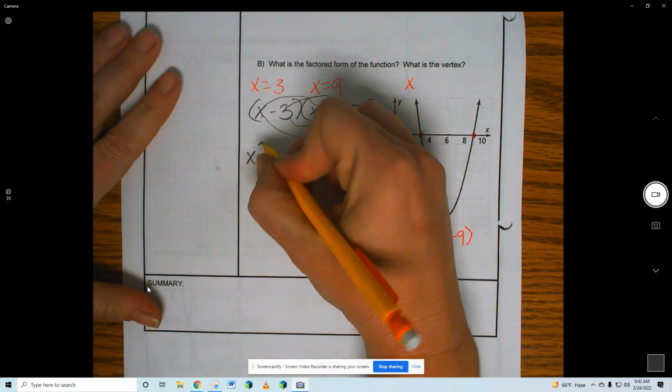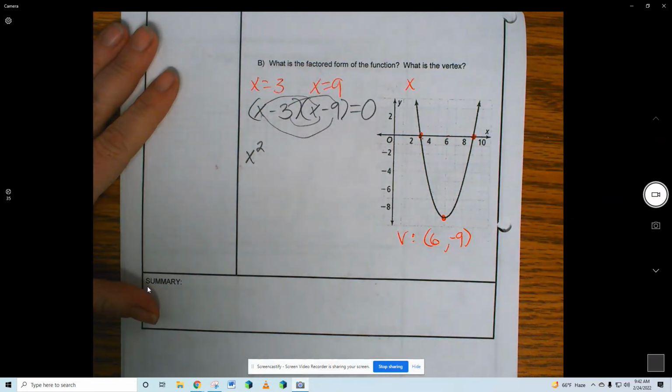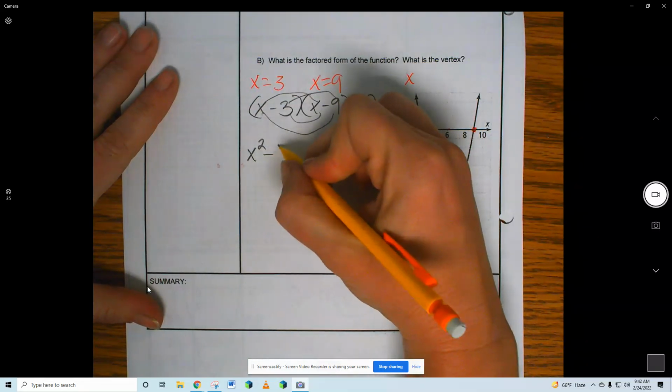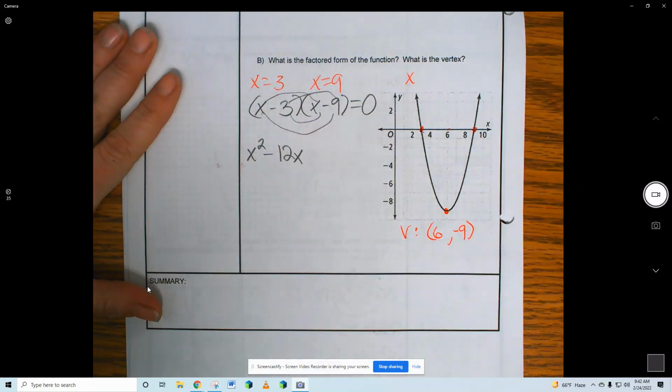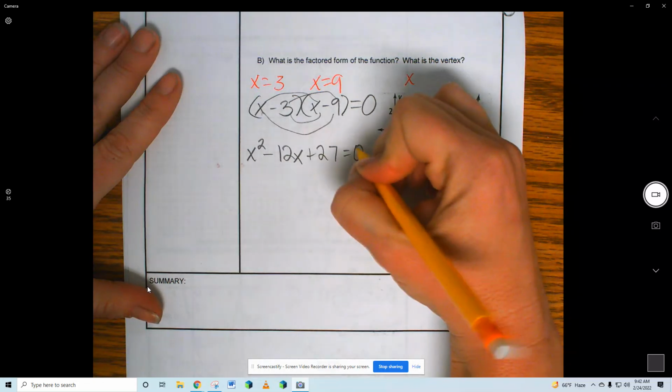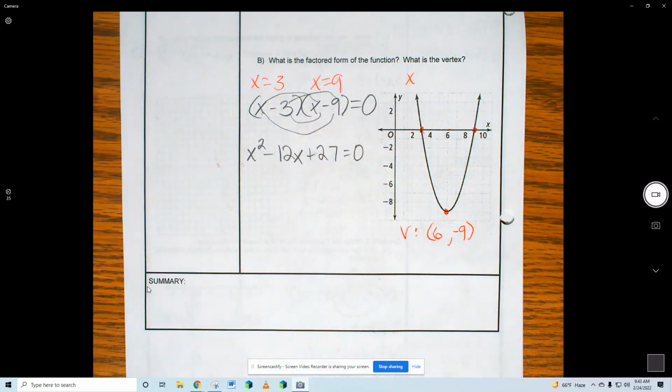X squared. Negative 12x. Okay, take it right. Thank you, Carla. Plus 27. There it is.